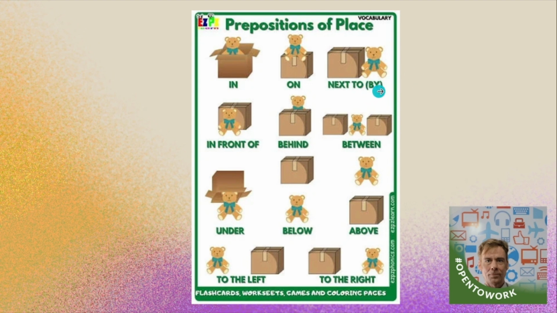Next to or by can mean at the side of something, either side. Between is a good one because between refers to two objects. You are in the middle of two objects if you are between something.